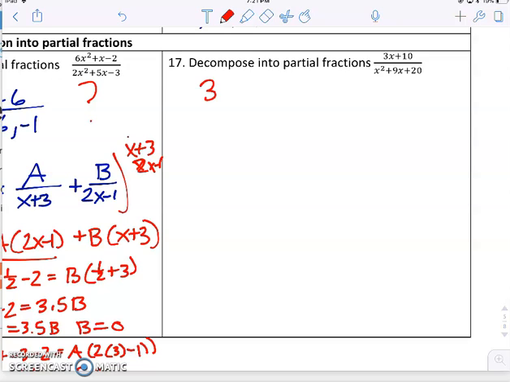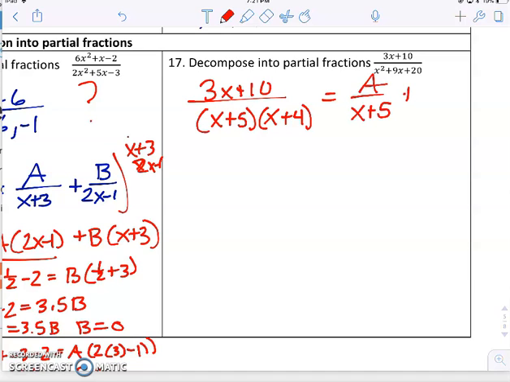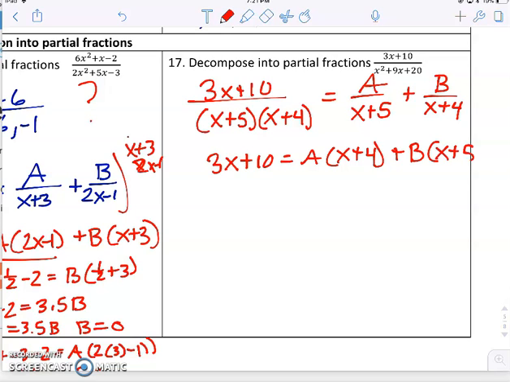So factoring. It factors into x plus 5, x plus 4. So we have a over x plus 5, b over x plus 4. So if we fraction bust, 3x plus 10 equals a times x plus 4, plus b times x plus 5.